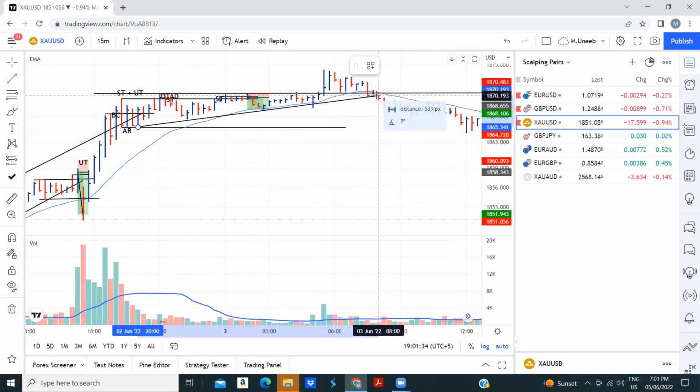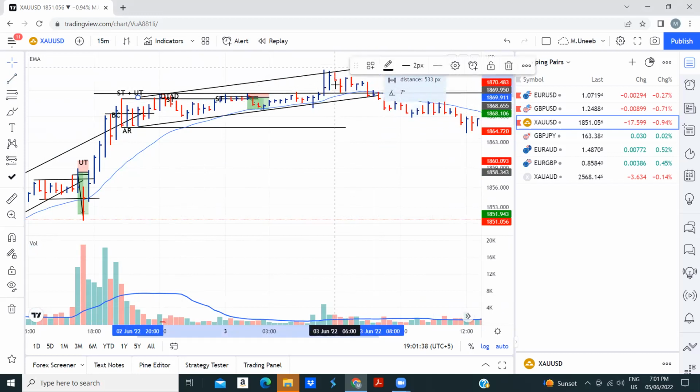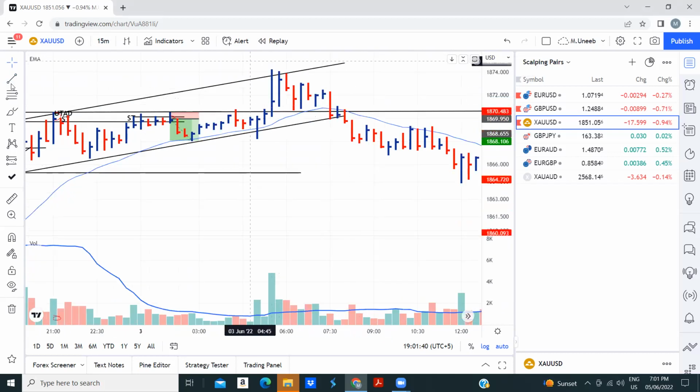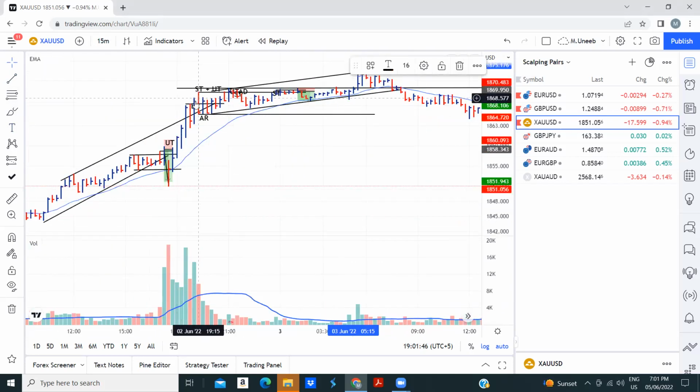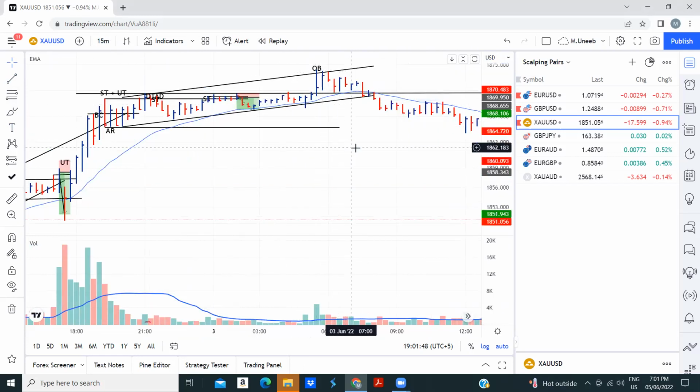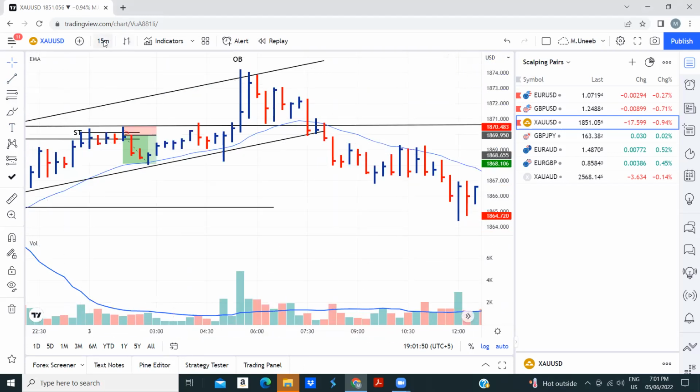We can draw another trading channel, right? And now this is the final oversold, overbought. This is the first overbought. This is the second overbought. And in this final overbought, what do we see?